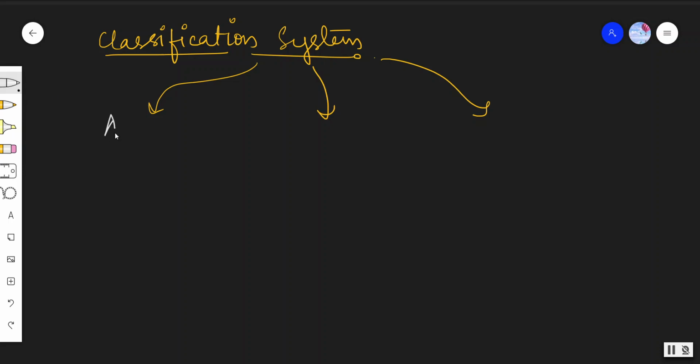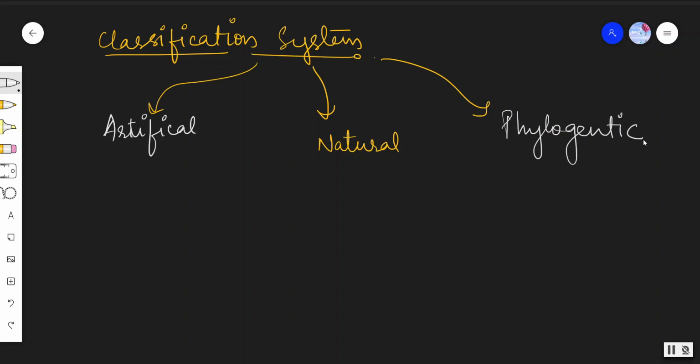Number one is the artificial system, then comes the natural system, and then comes the phylogenetic system.